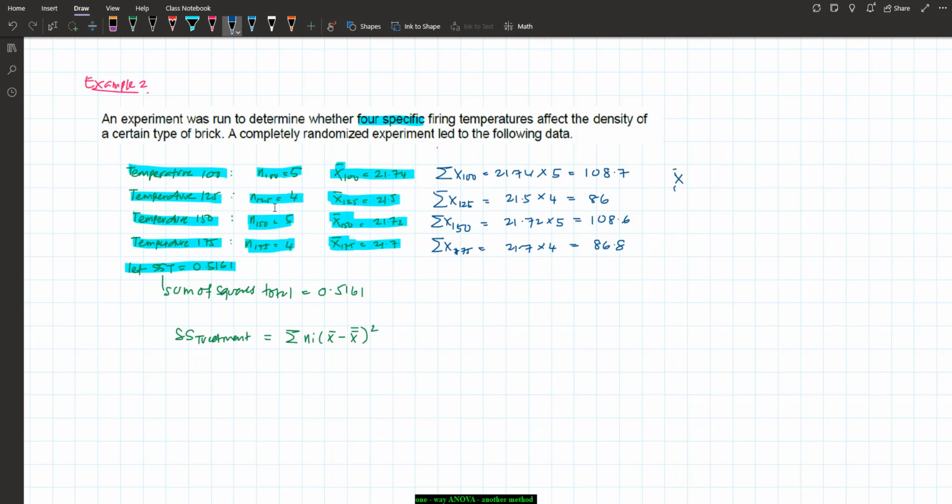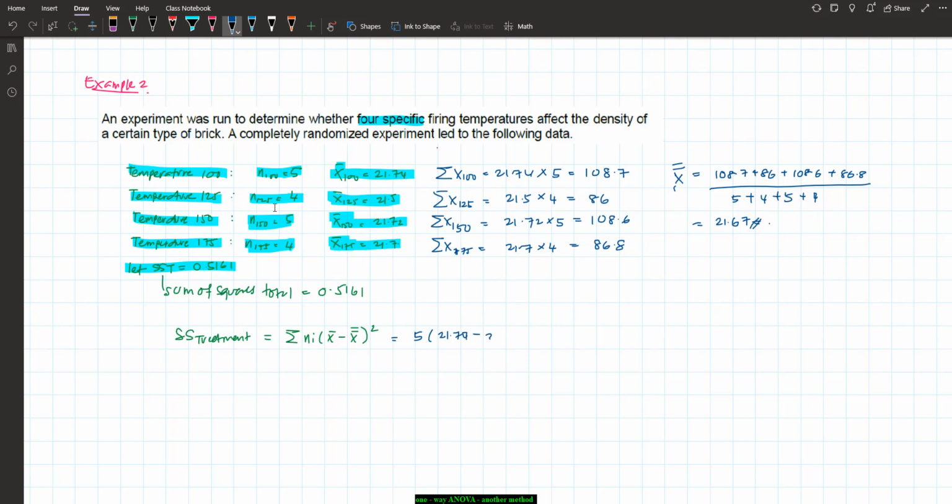To calculate x bar bar, 108.7 plus 86 plus 108.6 plus 86.8, divided by the sample size 5 plus 4 plus 5 plus 4. This will lead you to 21.67.